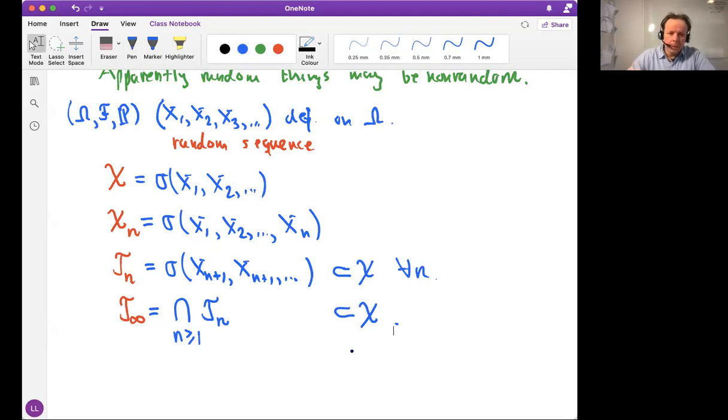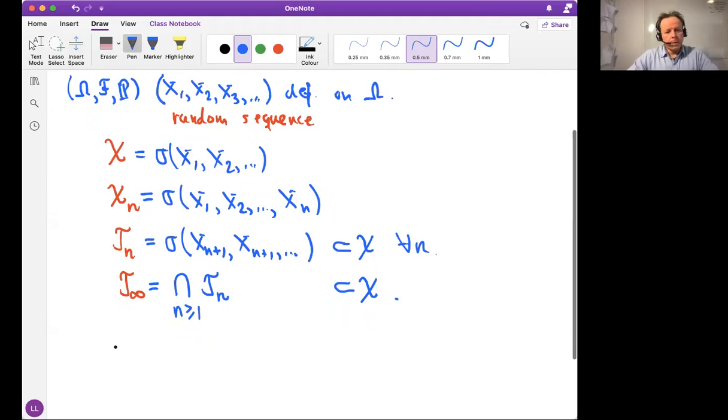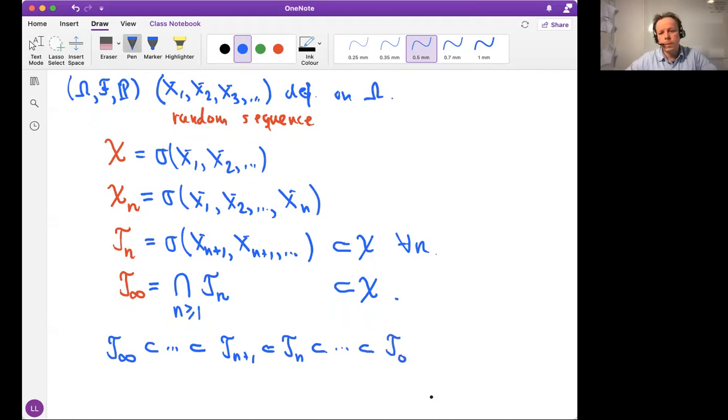There are actually many inclusions, and we will look at them. Especially, we could write a chain of inclusions: T infinity is a very small sigma algebra because it's contained in each of the Tn. So we could think that there's a decreasing chain going on: this is Tn plus 1, this is Tn, and then the chain goes up to T0.